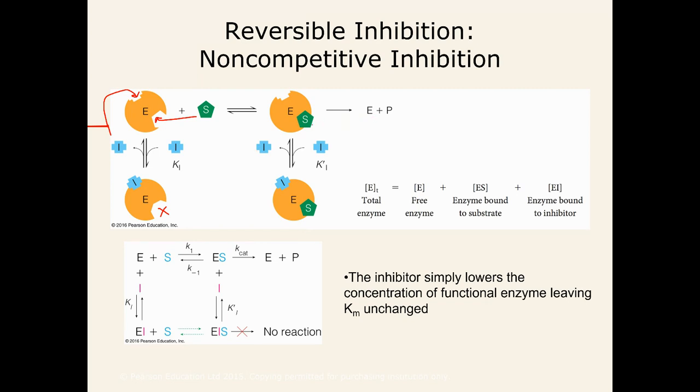So what's going to happen here is that the inhibitor lowers the amount of functional enzyme. But the enzyme that is available can still bind the substrate, and so Km is the same.